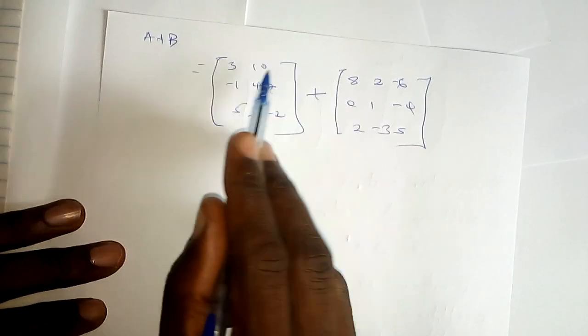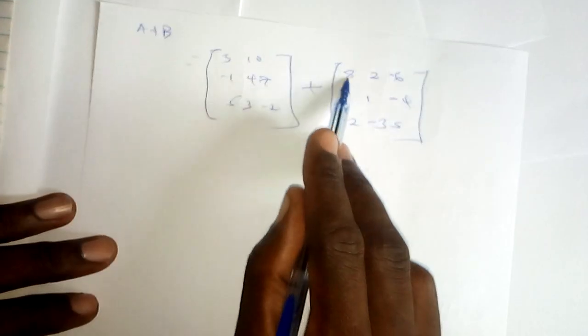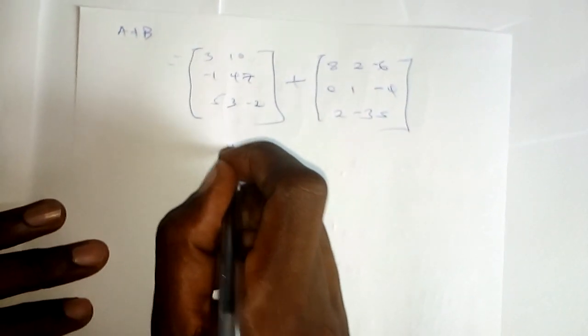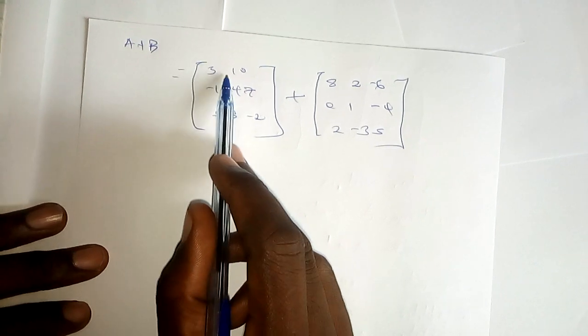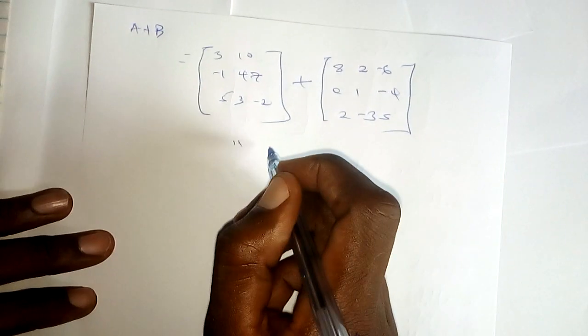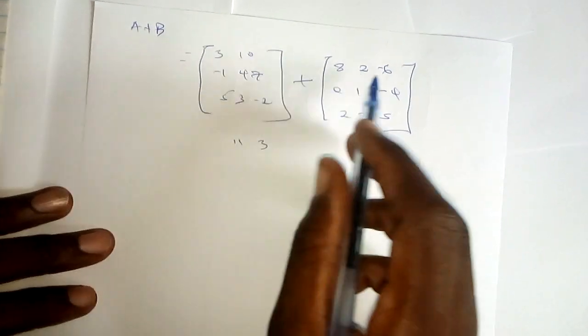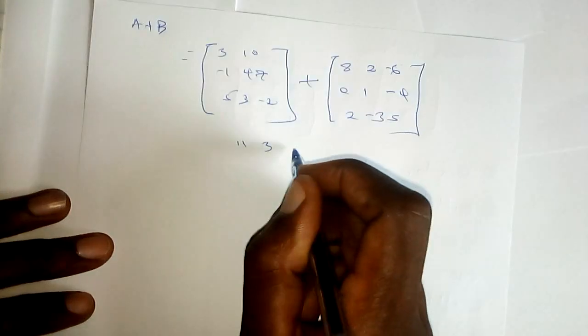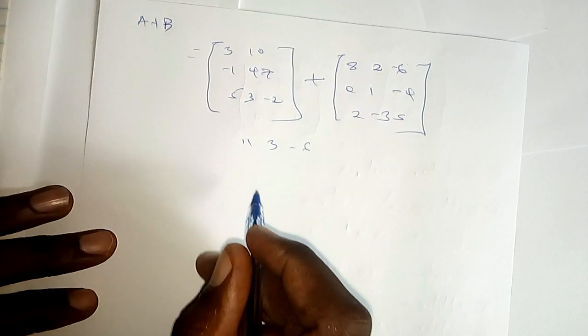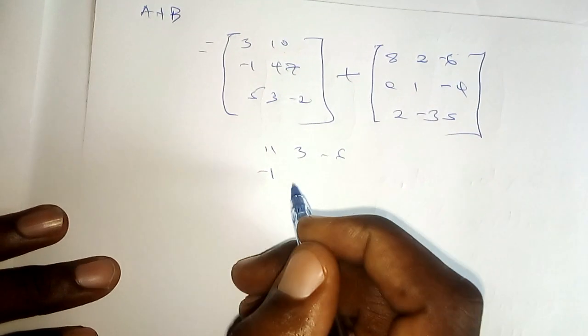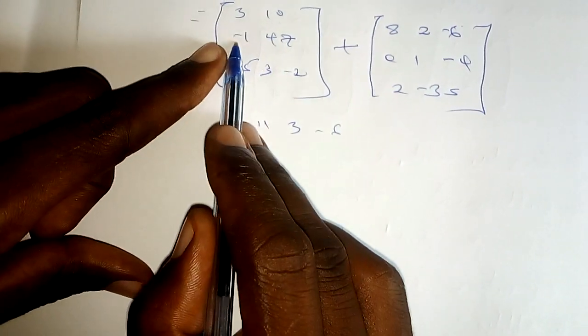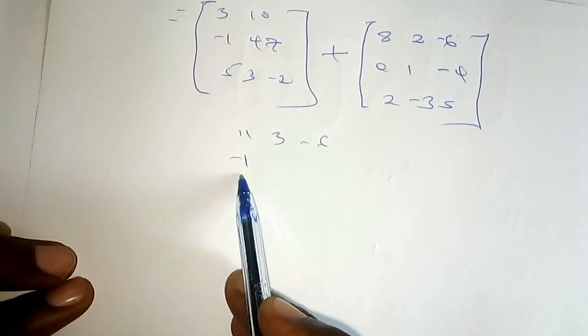Like 3 you add to 8, it will be 11. If you add 1 plus 2, that is 3. 0 plus negative 6 is negative 6. You have negative 1 plus 0, it is negative 1.